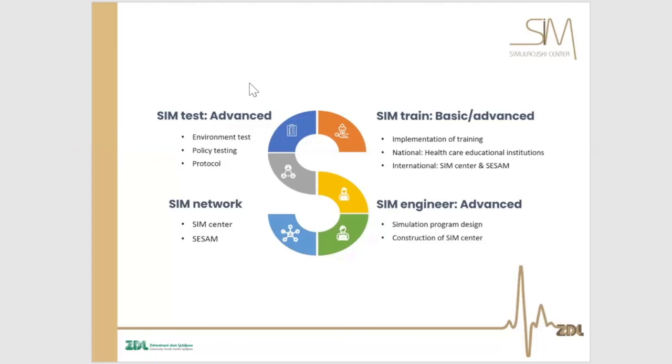And then we can improve. For example, in one of these tests, we detected that they didn't know where they had the defibrillator. So this is something that cannot happen with a real patient, but can happen with the simulator and can be improved. So with this, we improve patient safety.